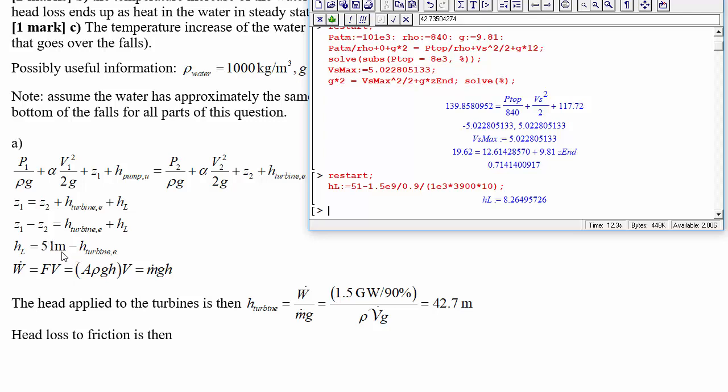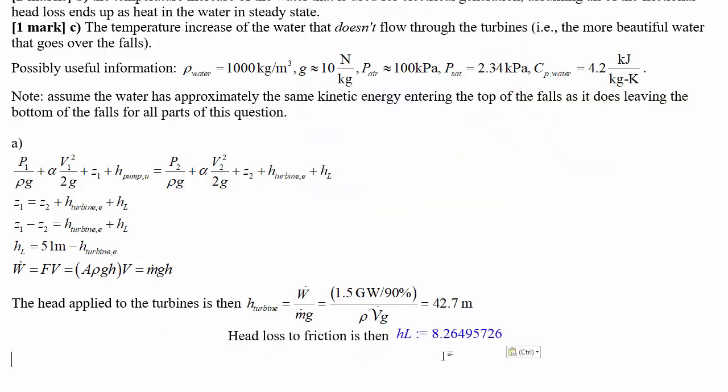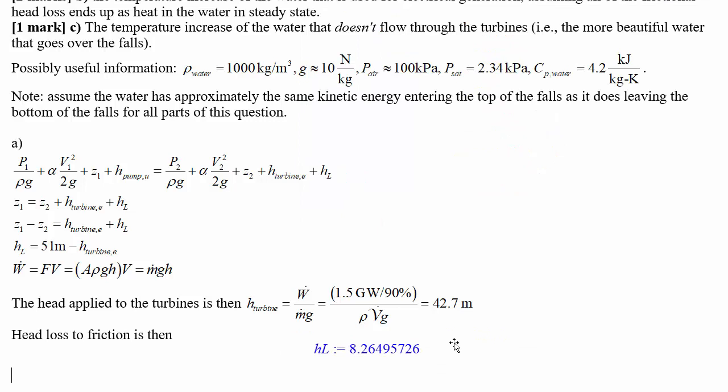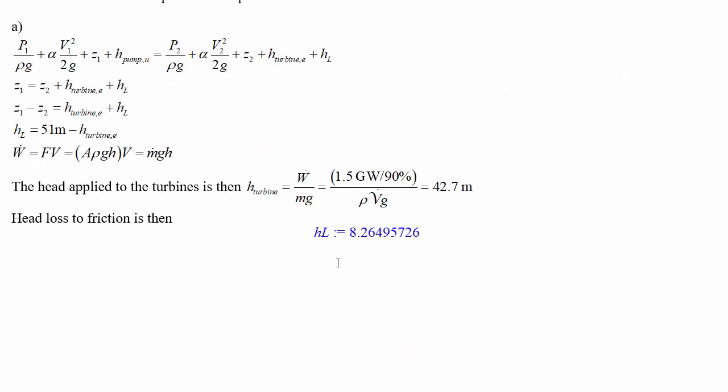So if we started with 51 meters of elevation head in the difference from the top to the bottom, and we spent 42.7 meters of head generating this electrical power for that flow rate, then the rest of the head difference must have gone into frictional losses, and that would be 8.26 meters of head loss. Okay, so that's it. That's part A. Okay, part B.